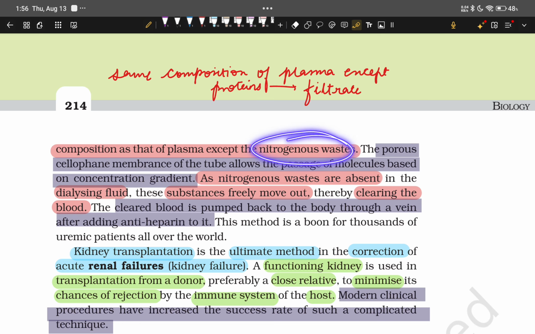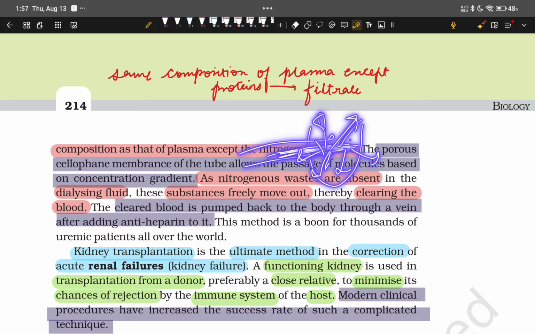So all the nitrogenous waste present in the blood taken from the artery after adding heparin will be removed into this dialysing fluid, because there is no concentration of the waste in the dialysing liquid, right? I hope you understood.